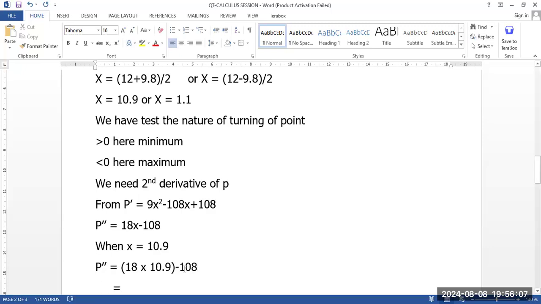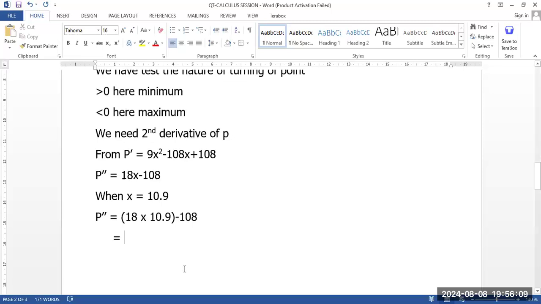What do you get? In your calculator, just open bracket, 18 times 10.9, close bracket, then minus 108. What do you get? Do you have 88.2?